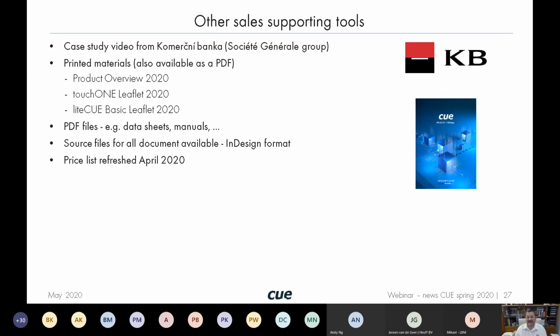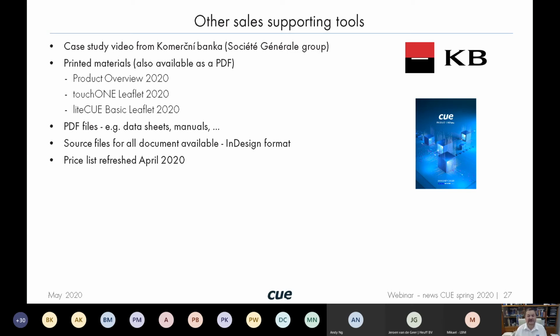Next, we have some traditional materials. I'm going to remind you again after the webinar in a follow-up email. Don't forget, we have PDF documents like a catalog, product overview, a dedicated leaflet for touchONE, and a dedicated leaflet for the liteCUE solution. Many other documents are available as PDF files on our websites, like data sheets, manuals, and setup guides.